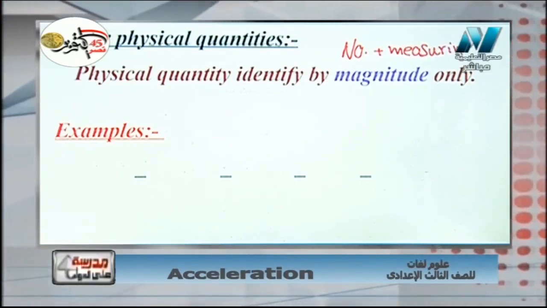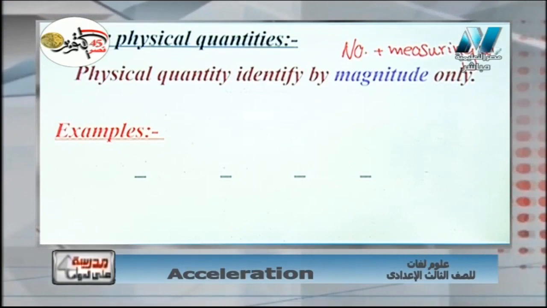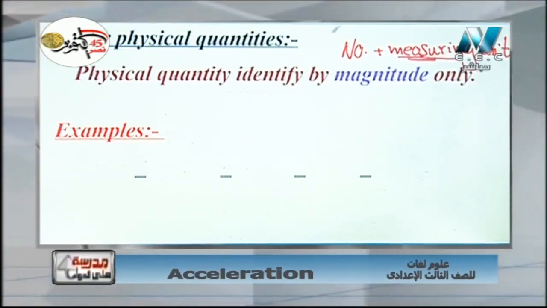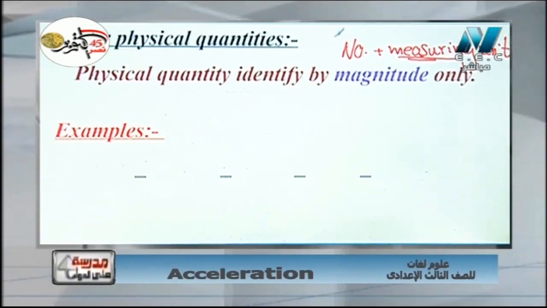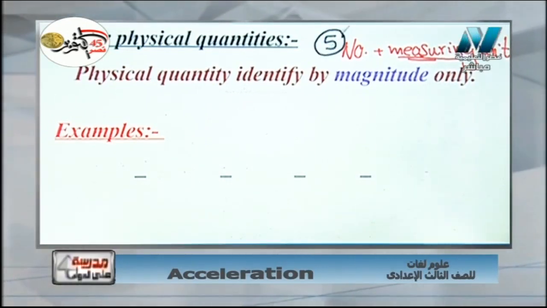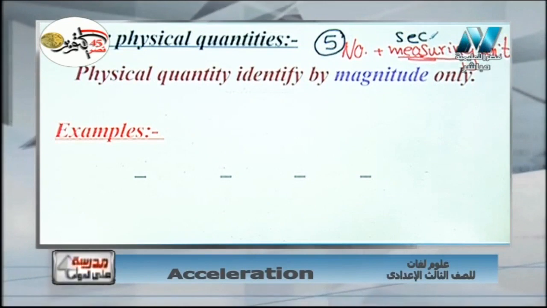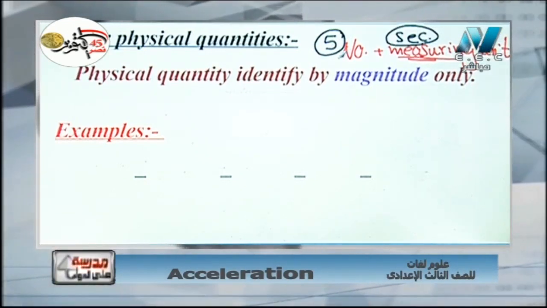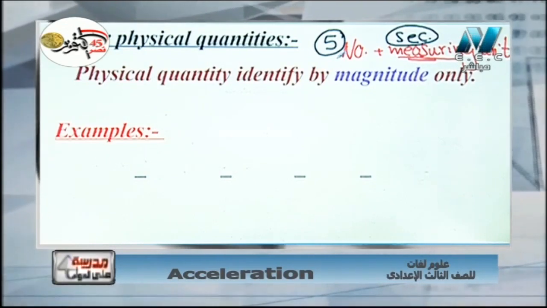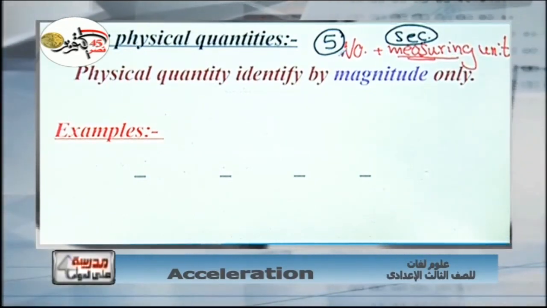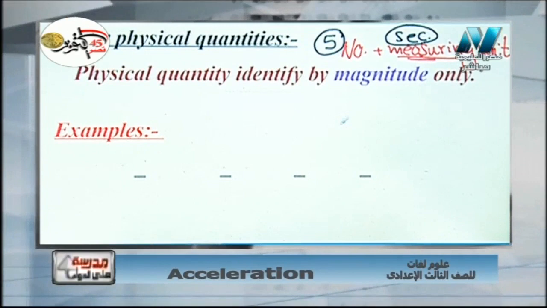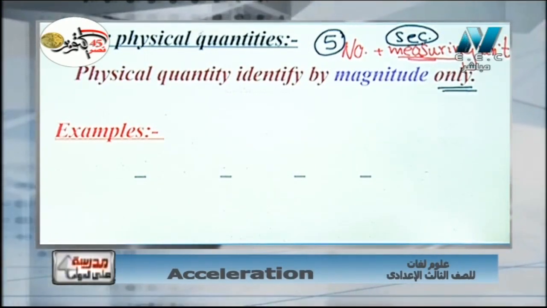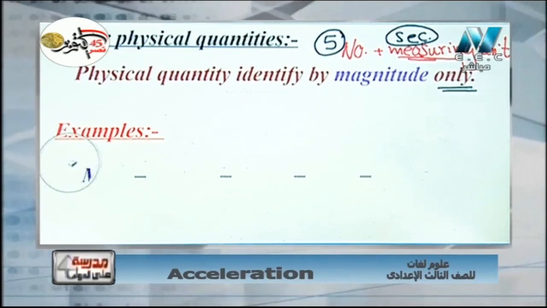If we say 5 seconds, 5 is the number and seconds the measuring unit, so we are talking about time. So time is a scalar. If asked to give the reason, I say because this quantity is identified by magnitude only. It does not need anything else.